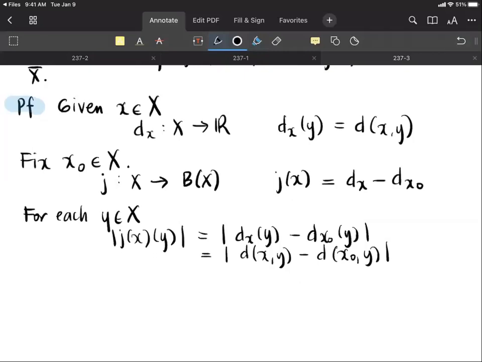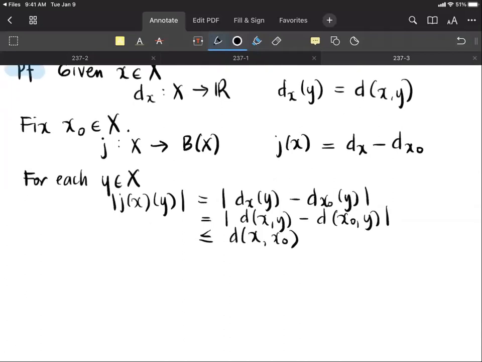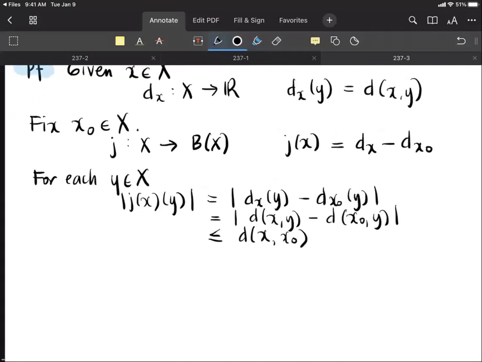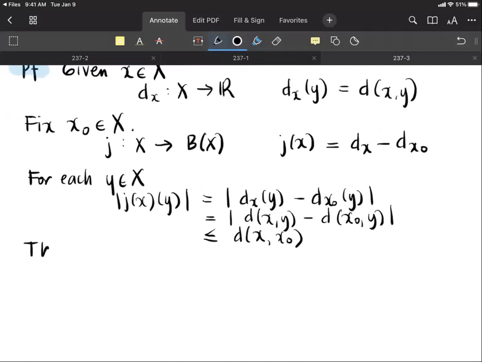And one can show, by applying the triangular inequality, that this is bounded by the distance between x and x naught. Therefore, this implies that indeed J of x, whose norm is the supremum of this left-hand side here, is finite, hence this is bounded.